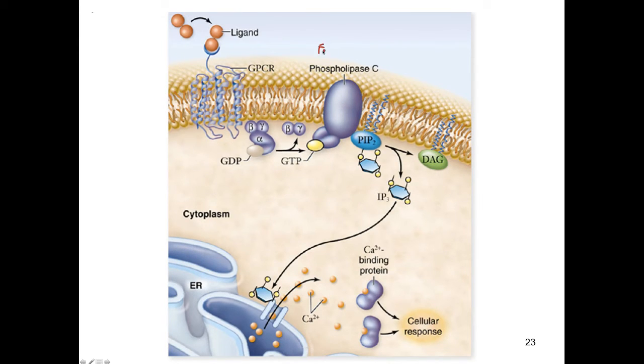So here's another effector protein, in this case called phospholipase C. And as you can probably figure out by its name, a lipase means an enzyme that will cleave lipids.